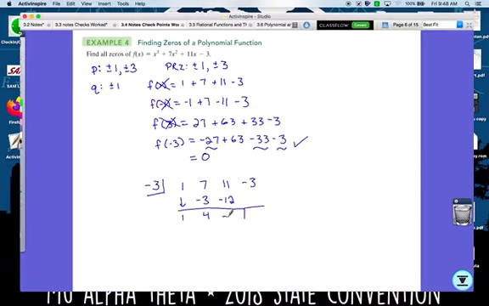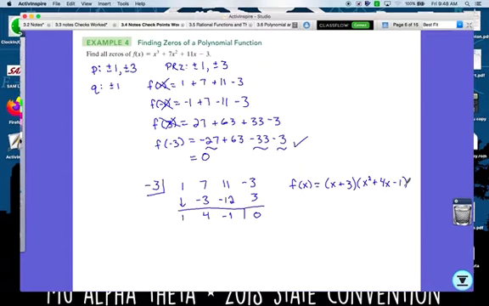Add to give me negative 1. That gives me 3, and then 0. So our original function factors into x plus 3, because negative 3 worked, and then x squared plus 4x minus 1.